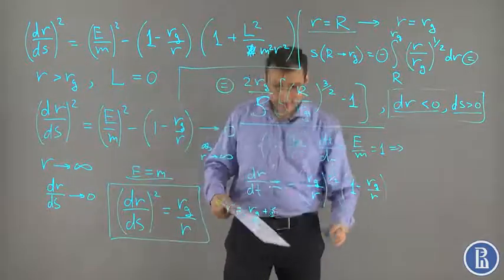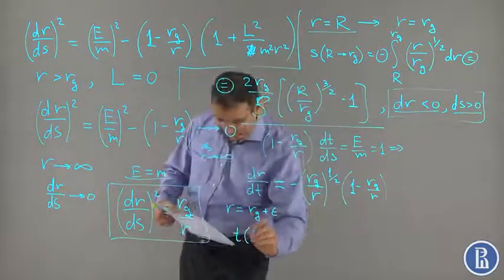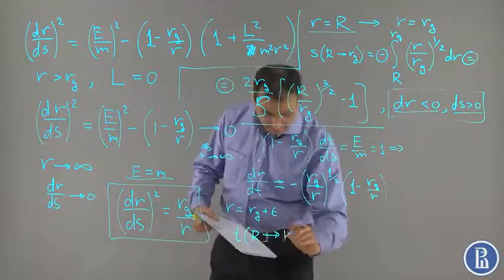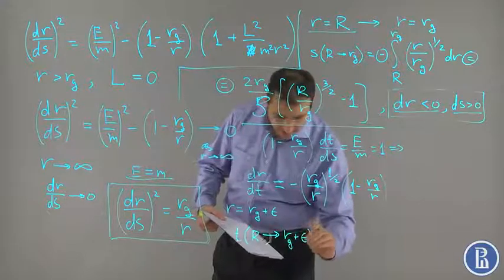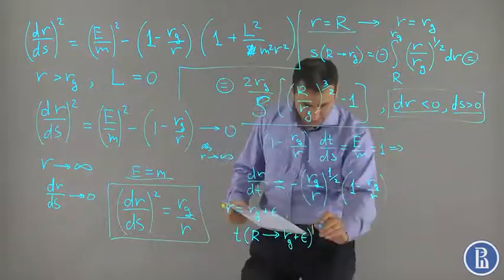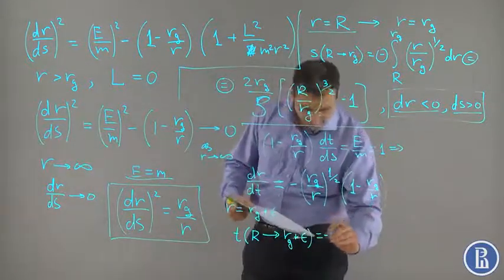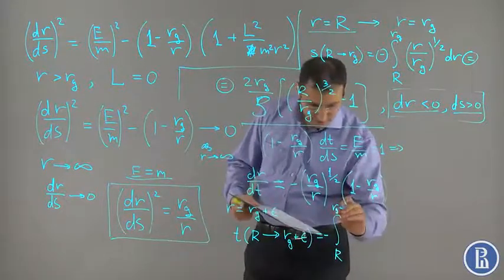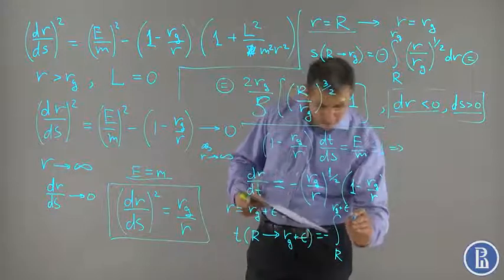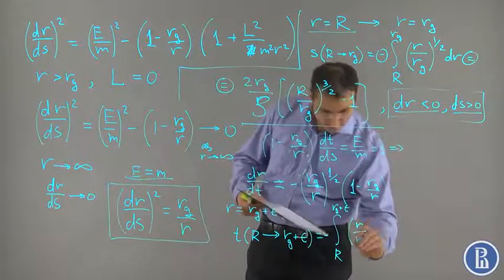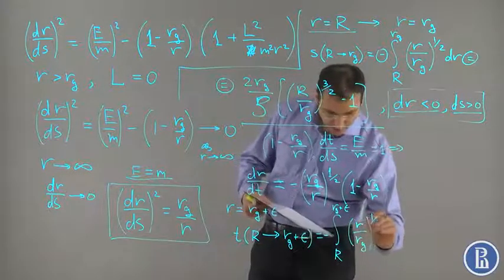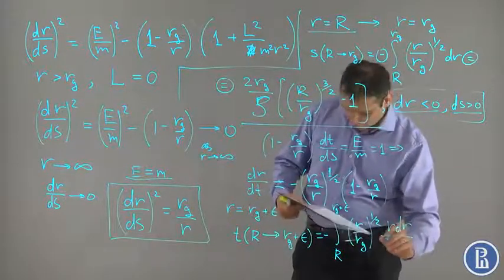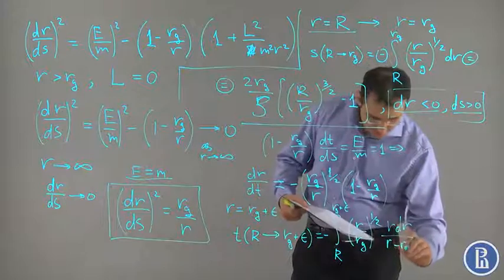By definition, the coordinate time is minus the integral from r to r_g plus epsilon of (r/r_g)^(1/2) r dr/(r − r_g).